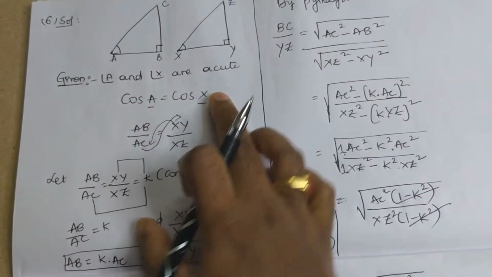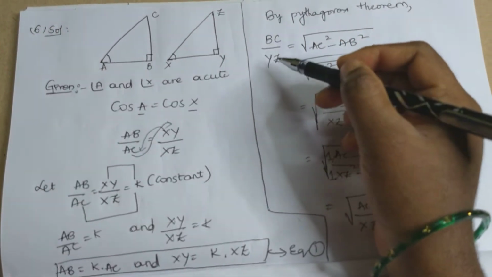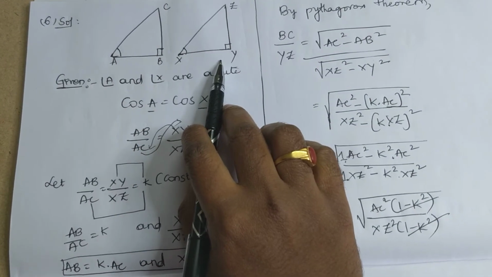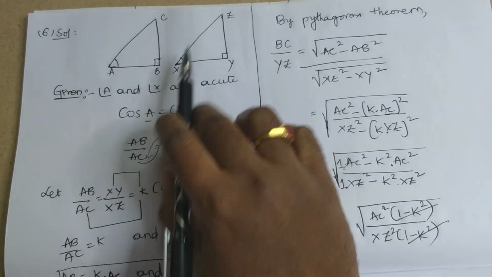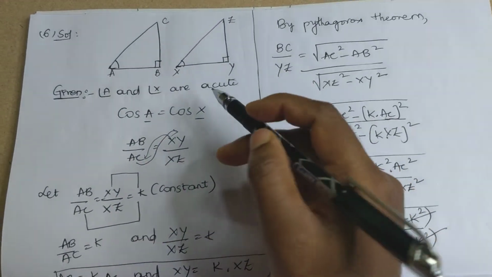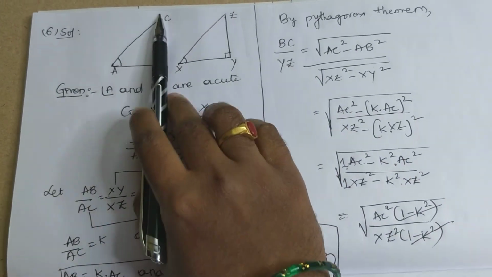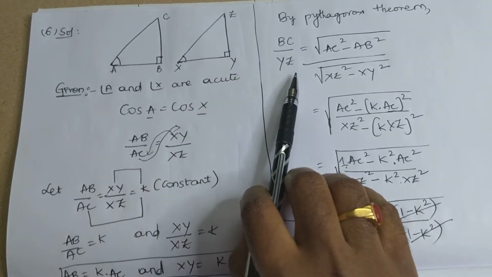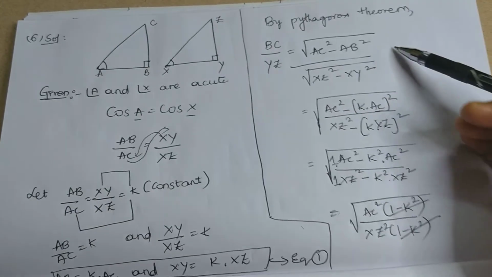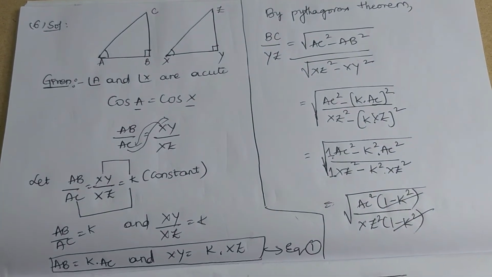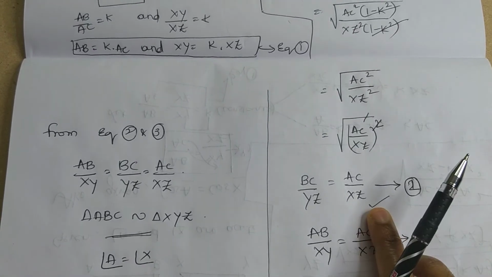So here I have taken the other two sides of the two triangles which are not referred here. See, AB and AC are referred and XY and XZ are also referred. So the other two sides of each triangle, that is BC and YZ, are not referred. So I have taken the ratio of that and I have applied the Pythagoras theorem and I have proved that BC by YZ equals AC by XZ.